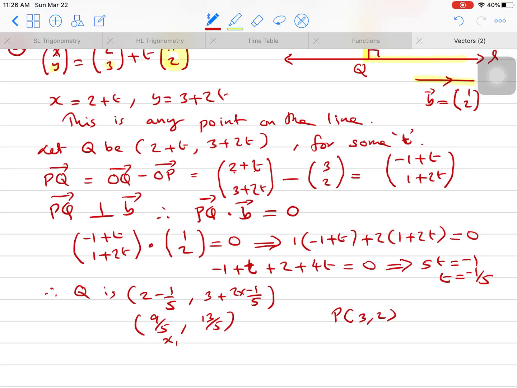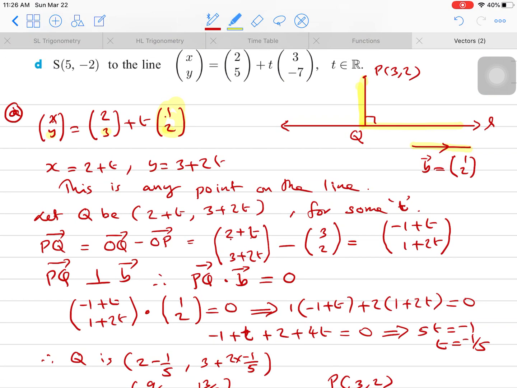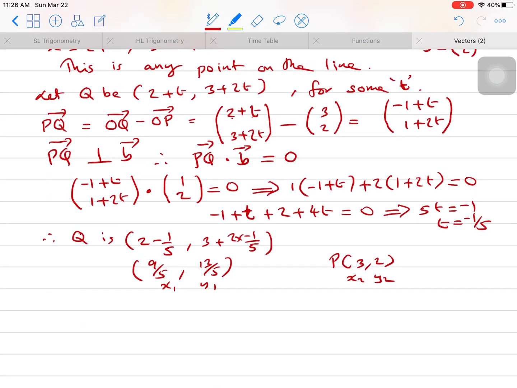You choose one of them as (x1, y1) and the other as (x2, y2). We are trying to find the distance PQ.